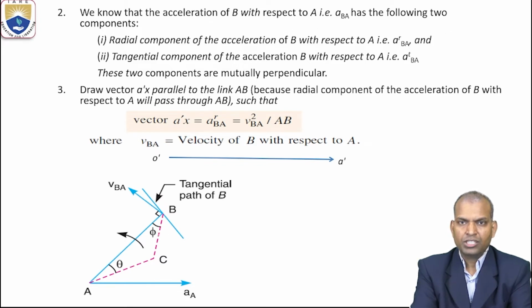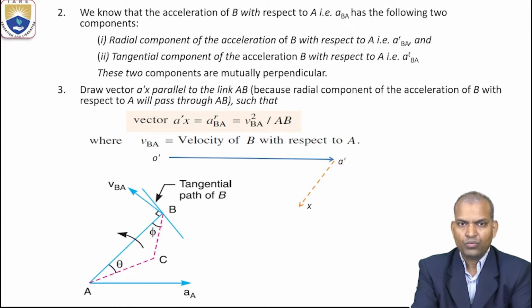Next, draw a vector A dash X parallel to the link AB, because the radial component is parallel to the link AB. What is the magnitude of the vector A dash X?